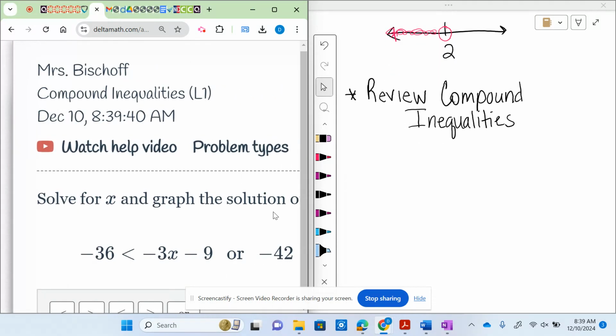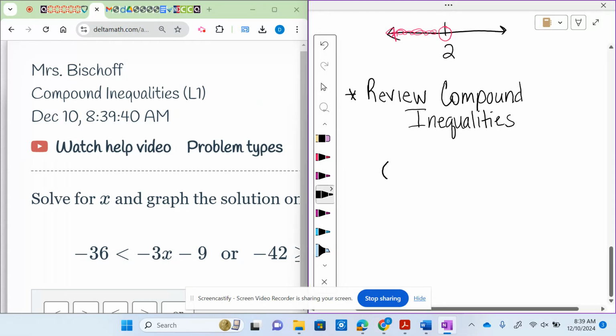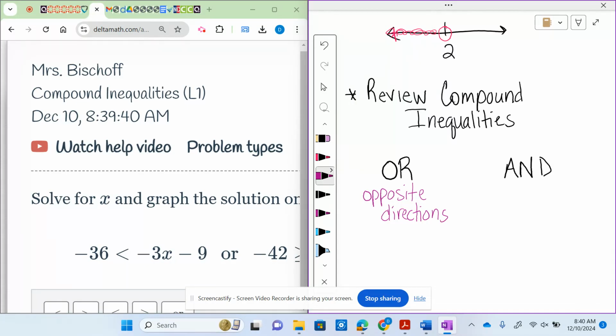So a compound inequality is unique because it has either an or an and. The or has a graph that goes in opposite directions. If you ask me if you could go to the bathroom or go outside, what does that mean?